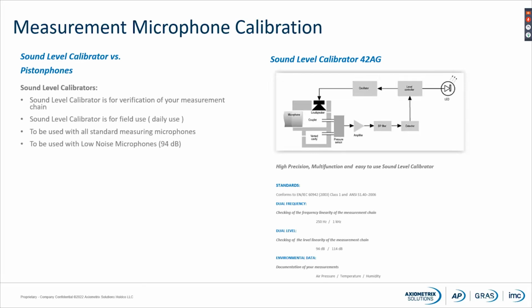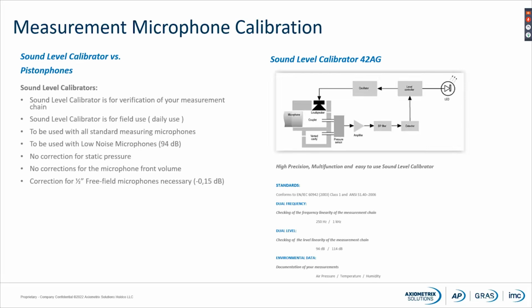It can be used together with low noise microphones in the 94 dB mode. You don't have to make any corrections for the static pressure, and no correction for the microphone front volume.